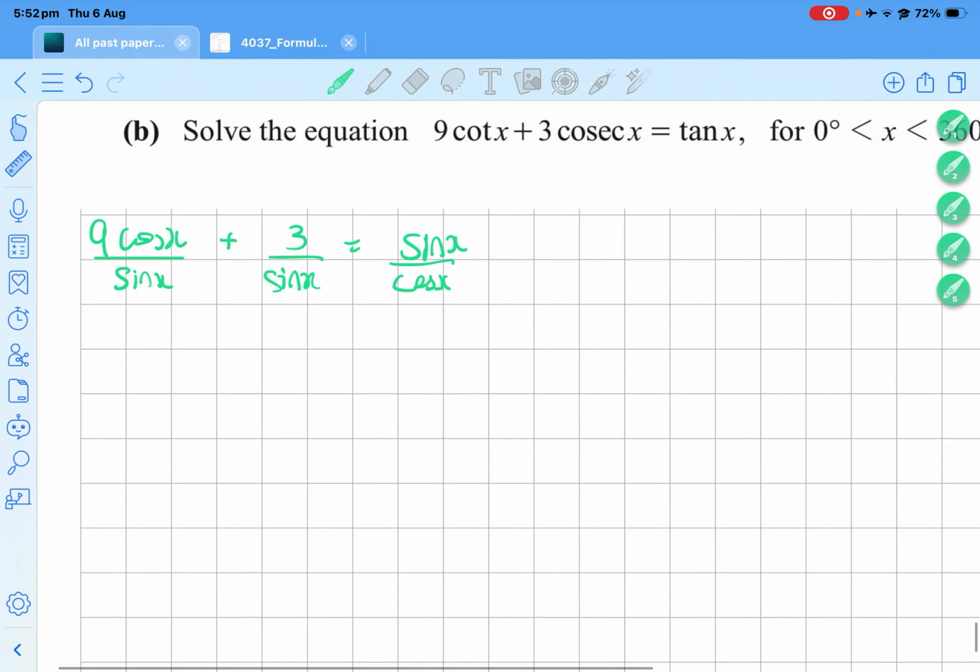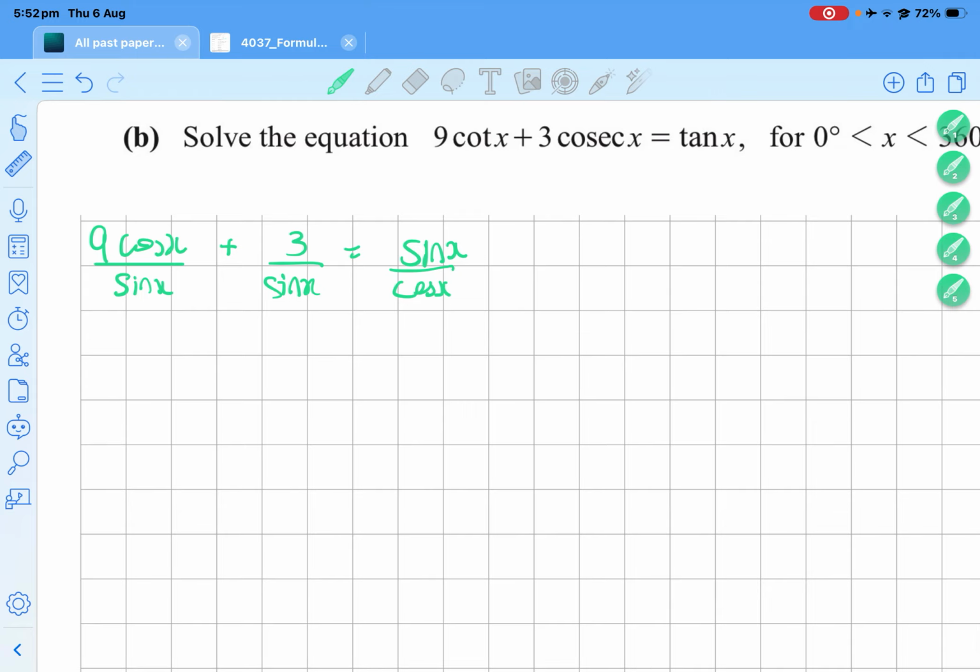If we multiply both sides by sin x and cos x, the sin x cancels out, and then this becomes 9 cos square x. Then 3 divided by sin x, multiplied by cos x, so plus 3 cos x, is equal to sin square x.